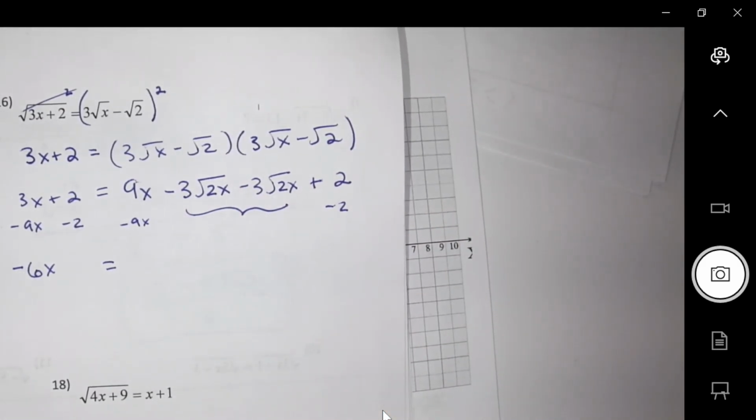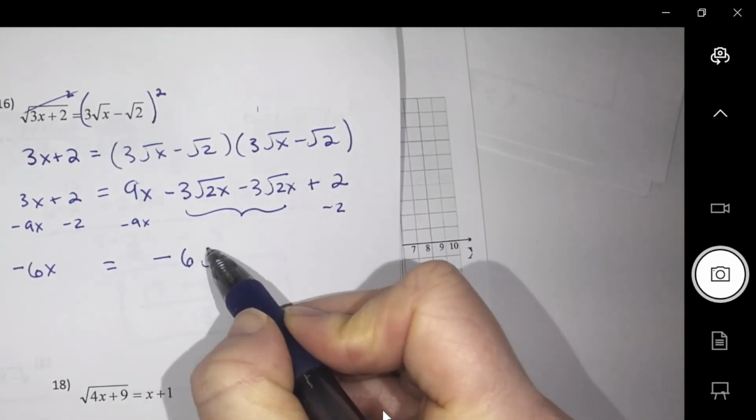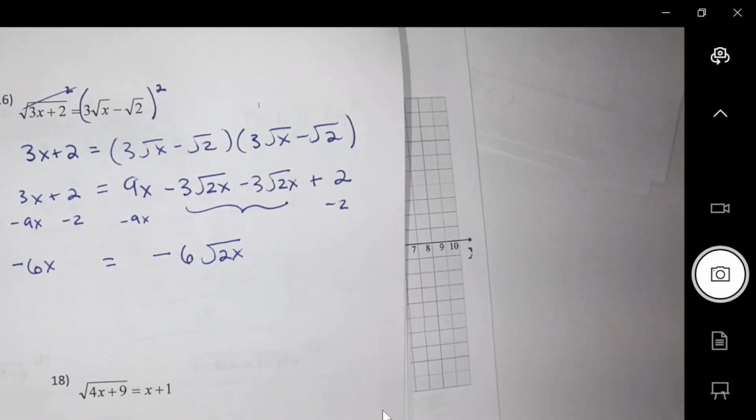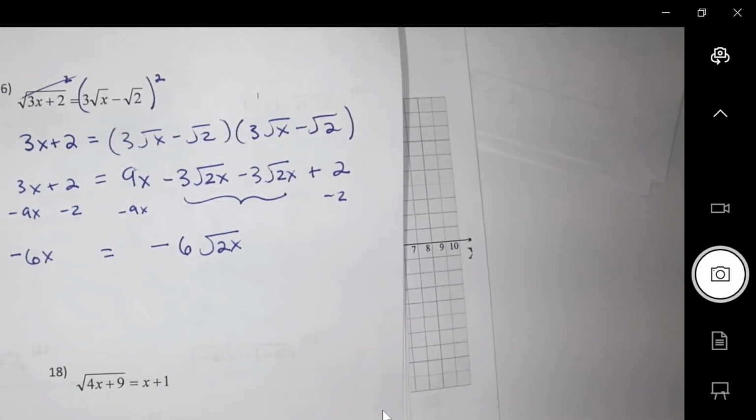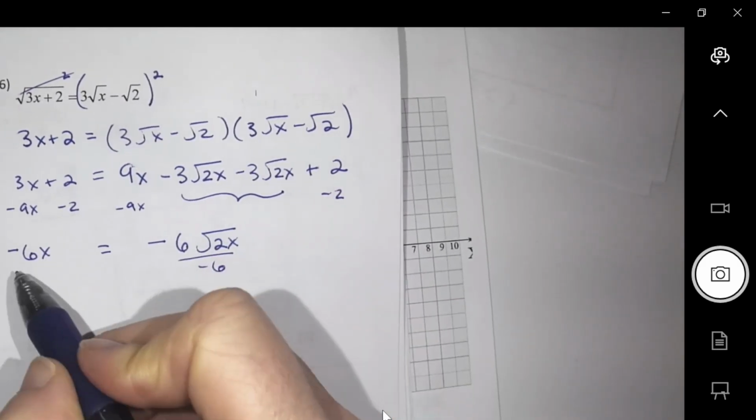And then on this side, I have those, and I can put them together. So I have minus 6 of those roots. Okay, now what? Divide by negative 6.